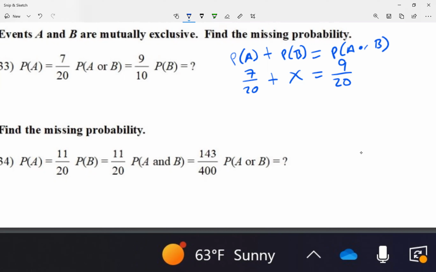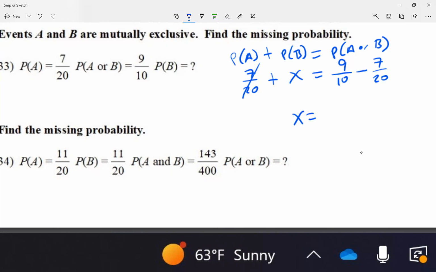I'm solving for X. So we know that this 7/20, let me move it over as a minus 7/20. Common denominator, so that's nice. Oh, not 9/20. This was actually 9/10. 9/10 minus 7/20.